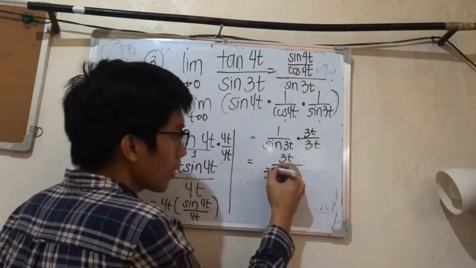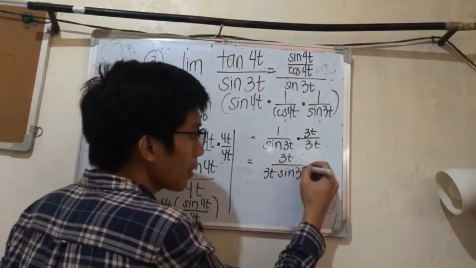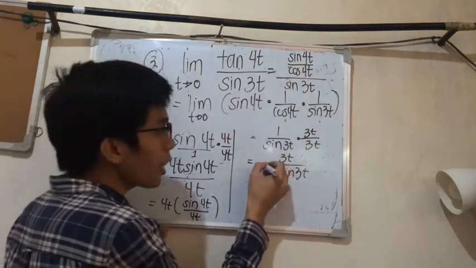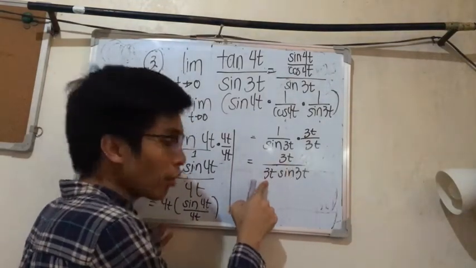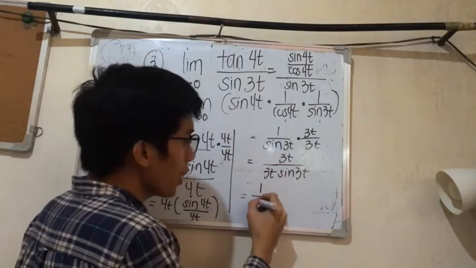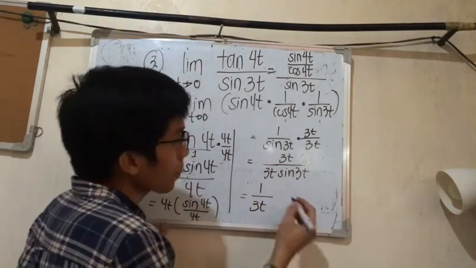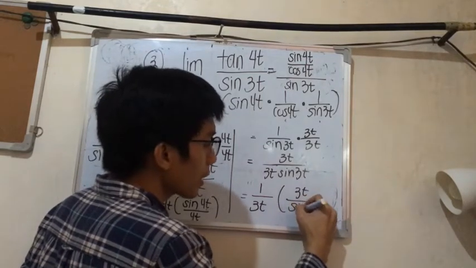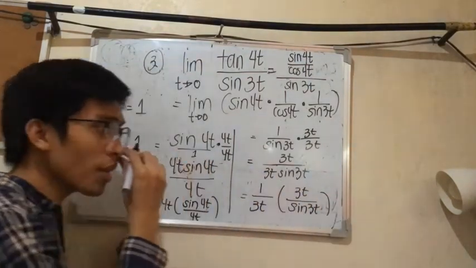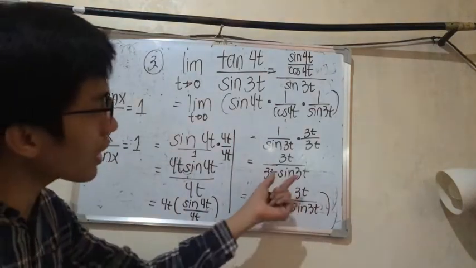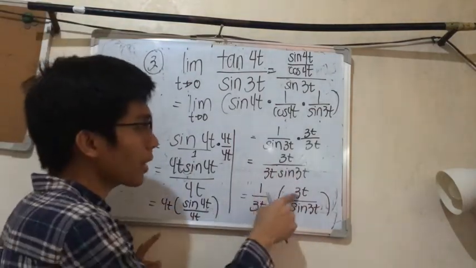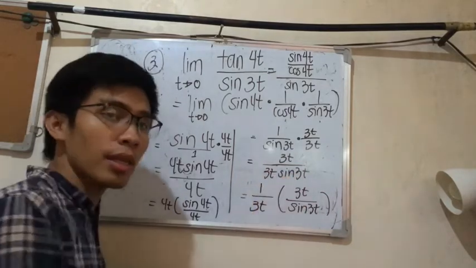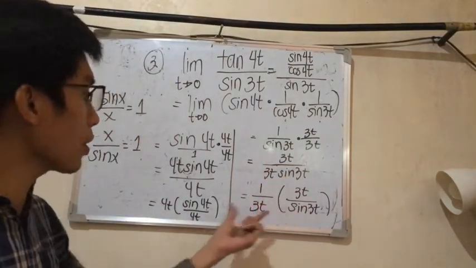That is 3t sine 3t. And we are able to separate that one. Same thing here, as you can observe, 3t is in the denominator. So it will become 1 over 3t times 3t over sine 3t. Because 1 times 3t is 3t, and 3t times sine 3t is 3t sine 3t. So now we are able to separate that one.